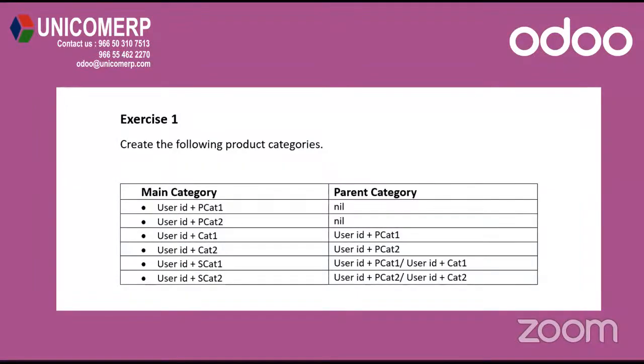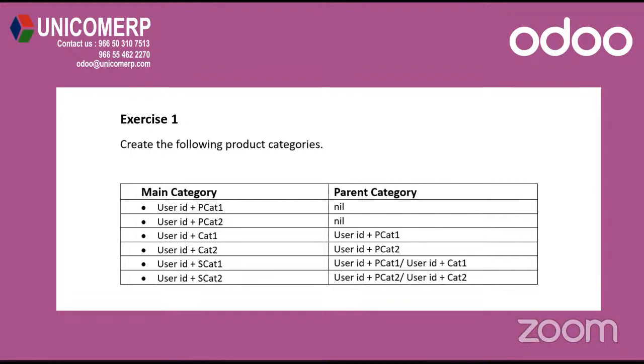The first exercise given to you is regarding the product categories to be created. These are the main category and these are the parent category. So the first two categories are parent categories to be created. Please remember to enter your user ID before the parent category name.